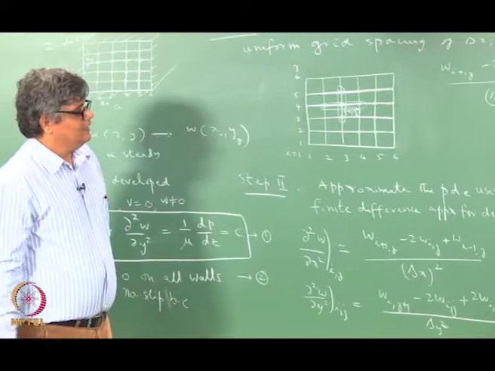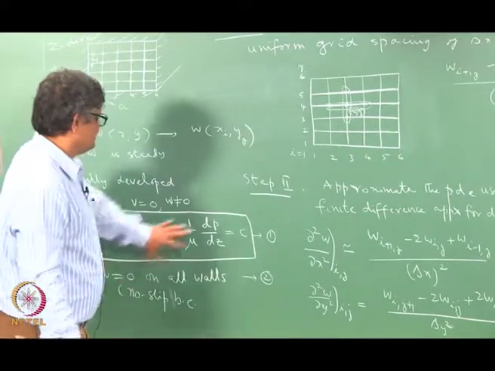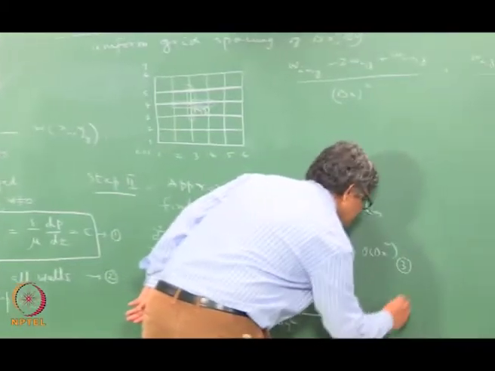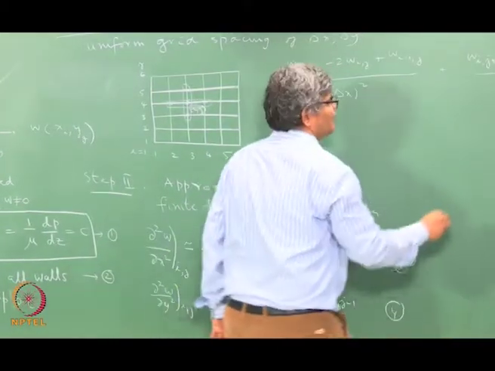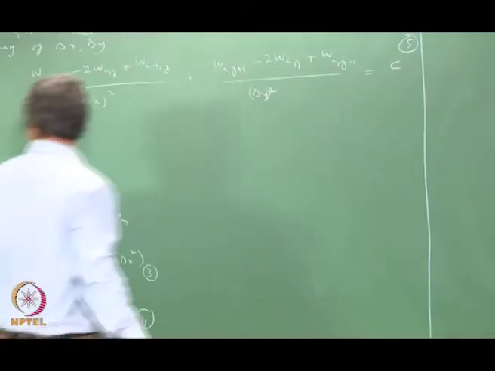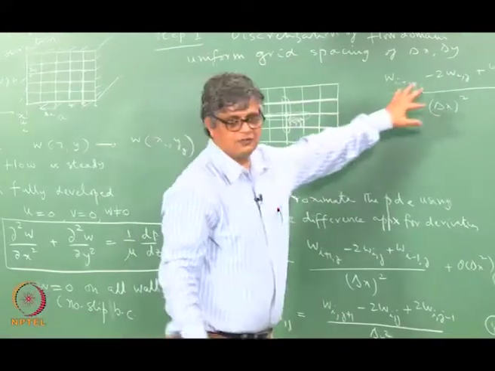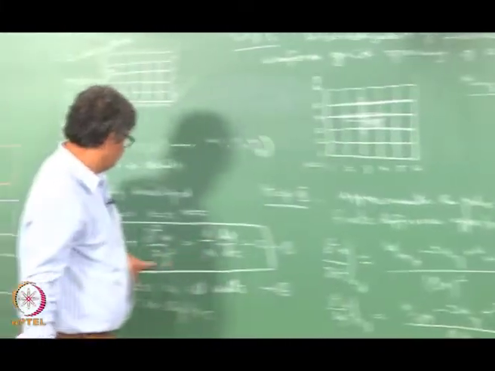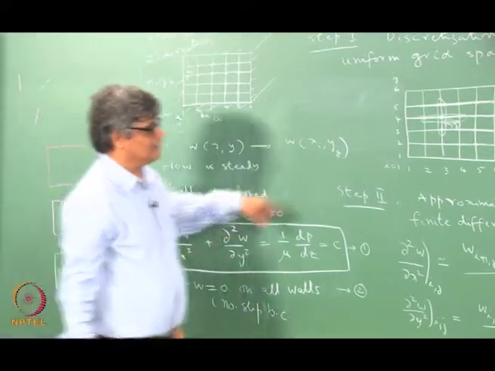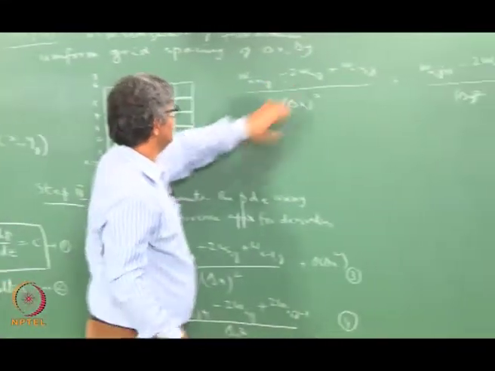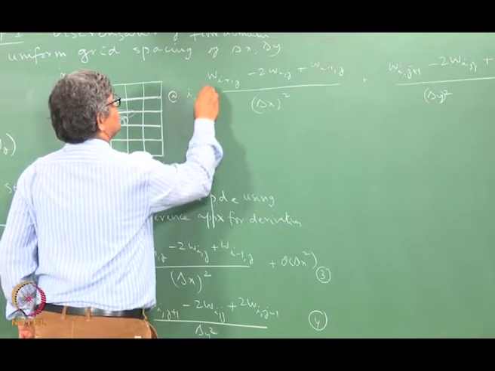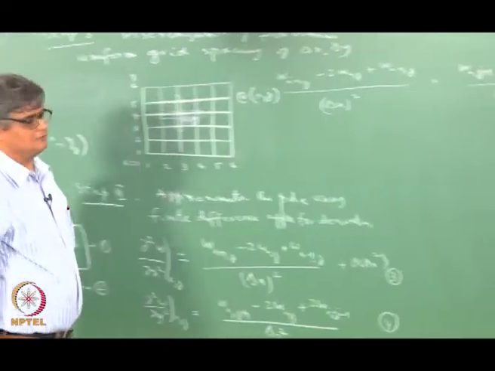Okay. What is the difference between equation 1, and let us put this as 3 here, and this is 4, and this is equation 5? The difference between equation 1 and equation 5 is that equation 1 is valid at any x, y, whereas equation 5 is valid only at point i, j.